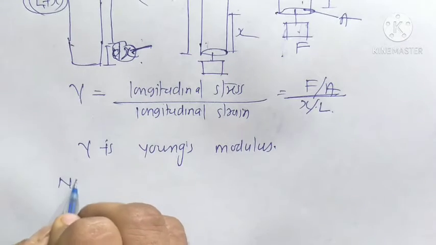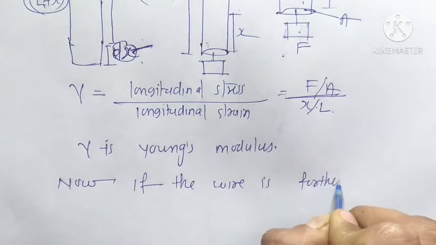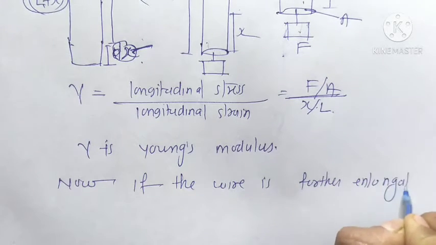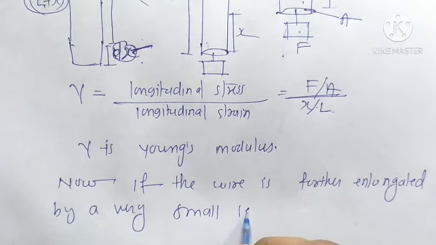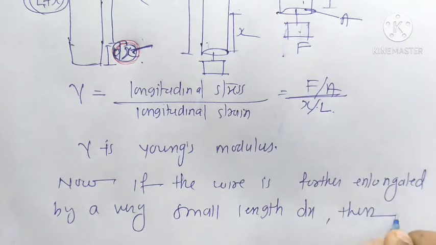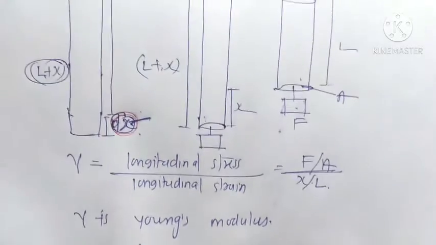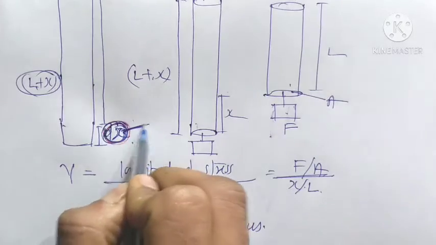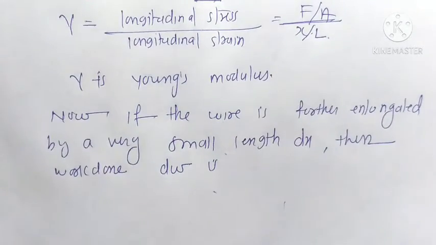Now if the wire is further elongated by a very small length dx, then there will be a very small work done, dw.